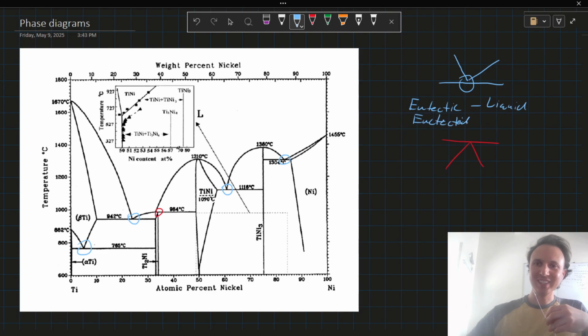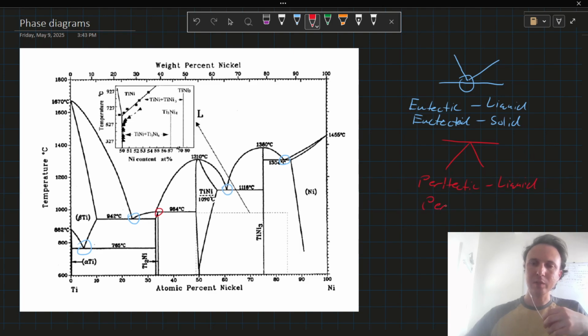Ugh, I can't spell. Solid. And then the same thing for peritectic and peritectoid.